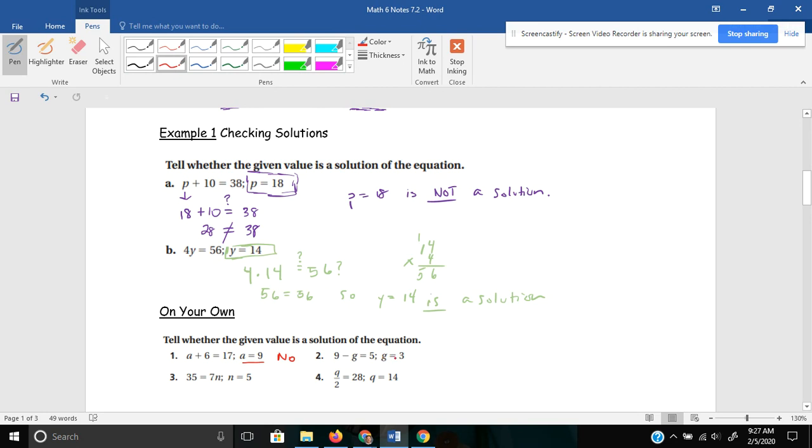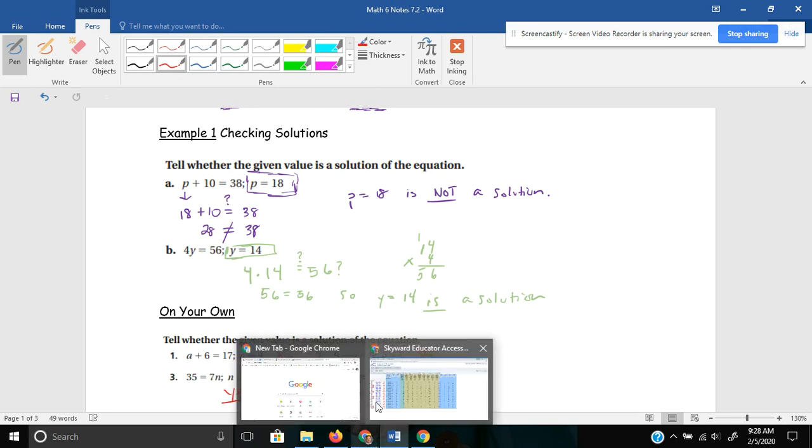Well, g is equal to 3, so 9 minus 3 will give you 6, not 5. So no. 7 times n, and that's when n equals 5. 7 times 5 is 35. 35 equals 35, yes. And lastly, q divided by 2 equals 28, and we're using 14 this time. So 14 divided by 2 would give you 7. Does 7 equal 28? No, it does not.